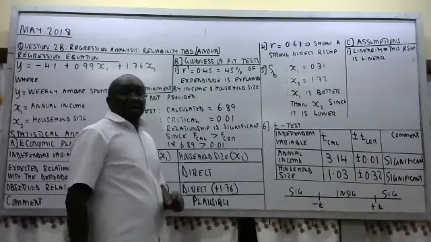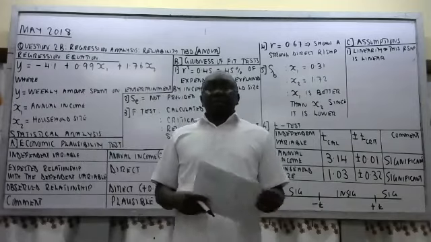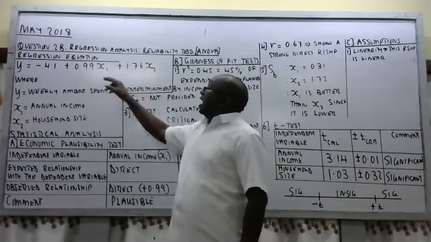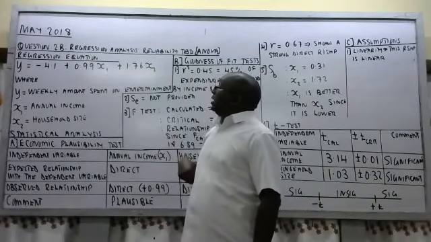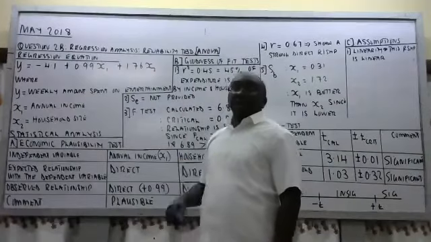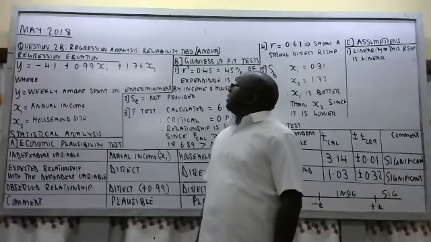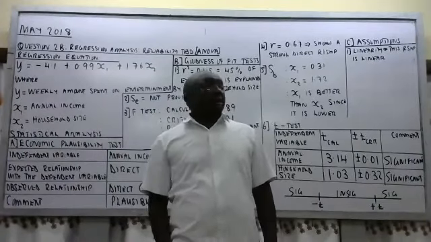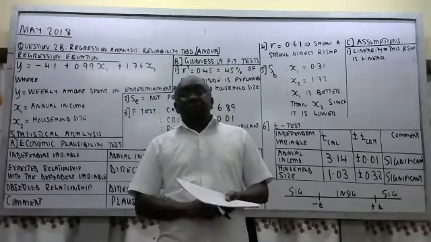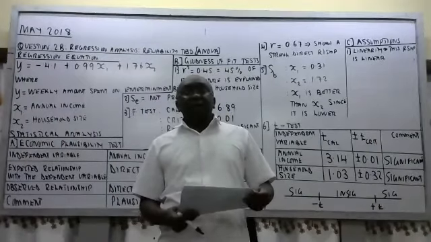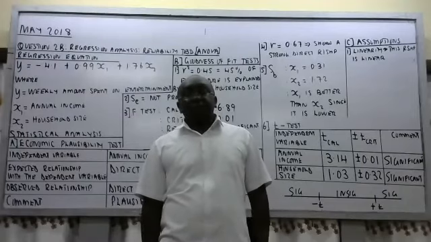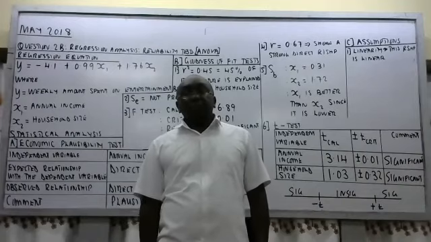The relationship is linear since the equation obtained, y equals minus 4.1 plus 0.9x1 plus 1.76x2, takes the general form of a linear function. So I hope that is clear.